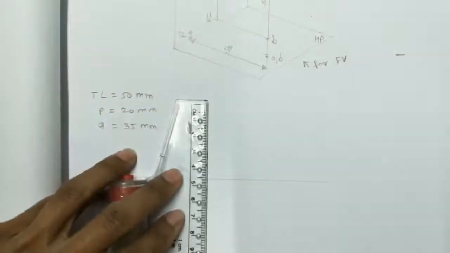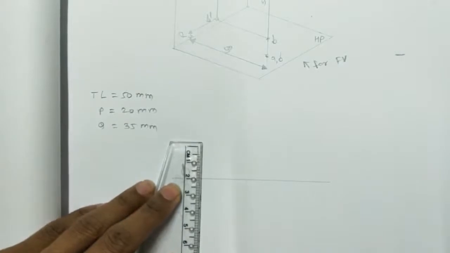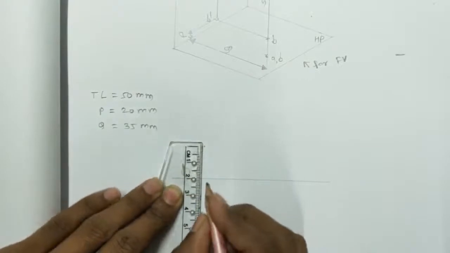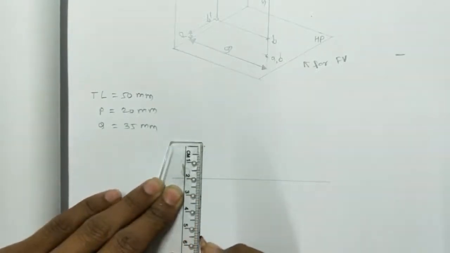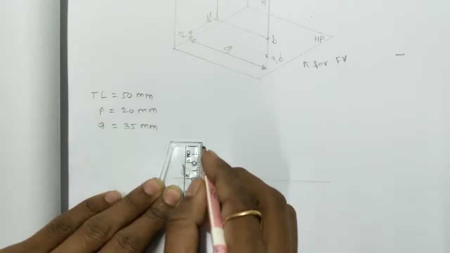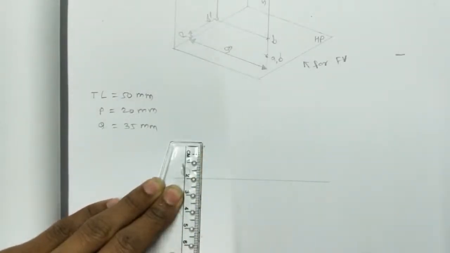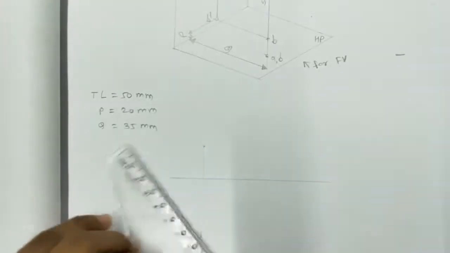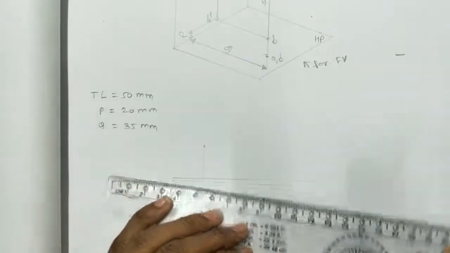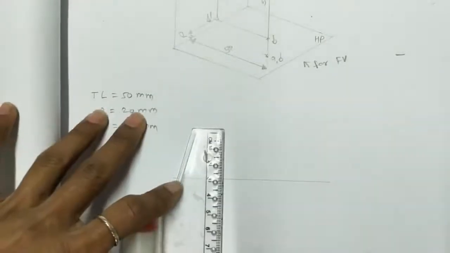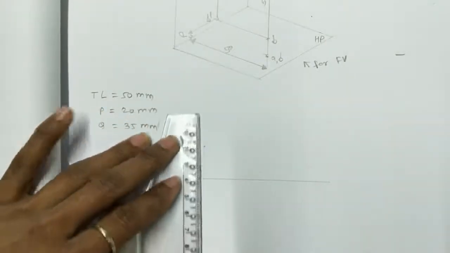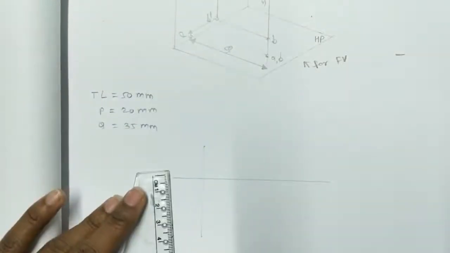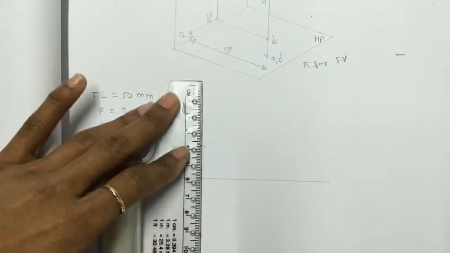So we will draw like this, as we have seen here. I will take 20 mm distance above and 35 mm below. And the true length of the line is 50, so I will draw 50 above.